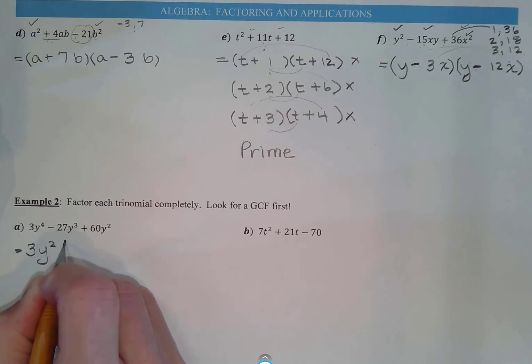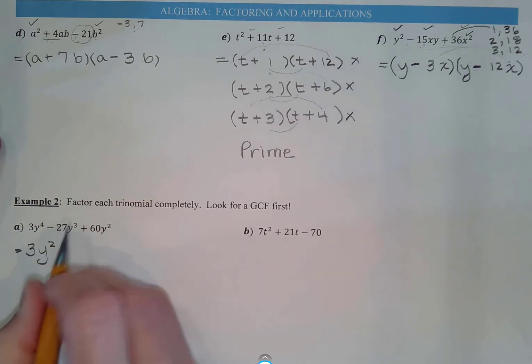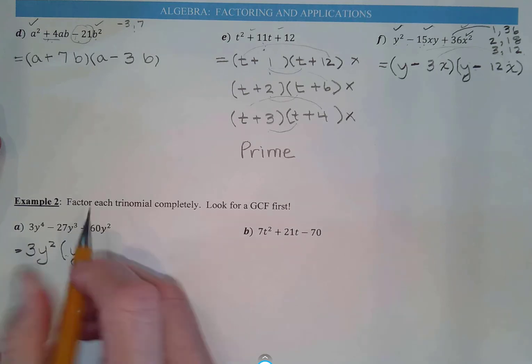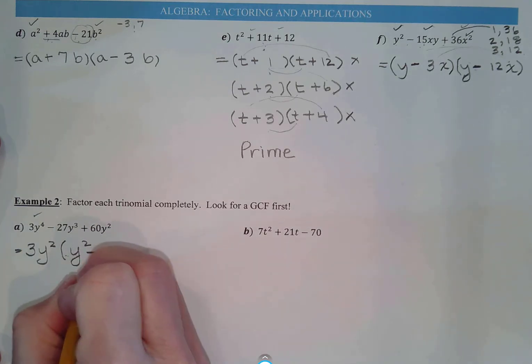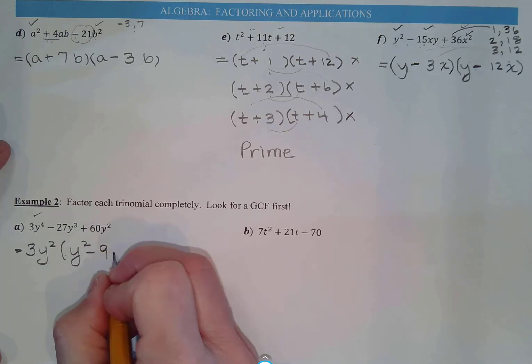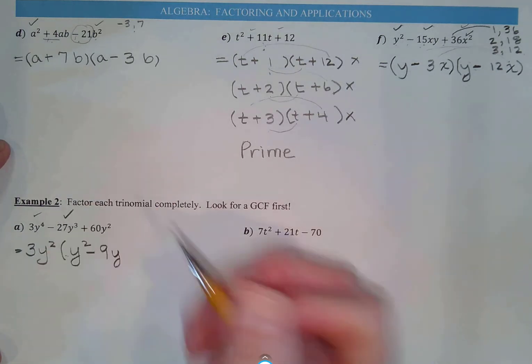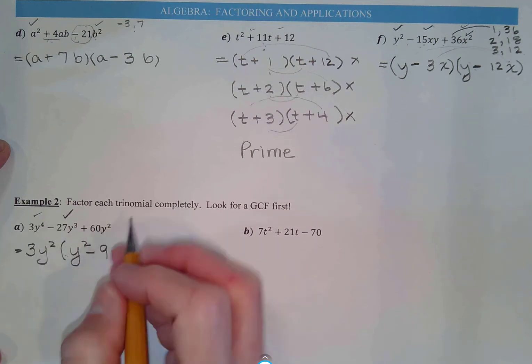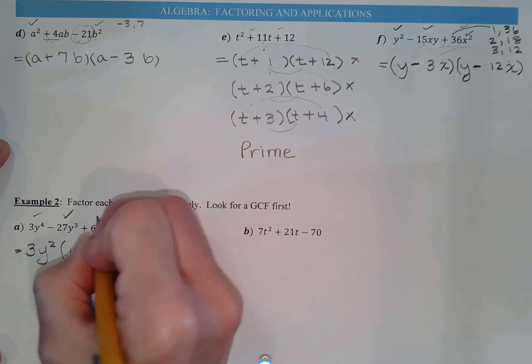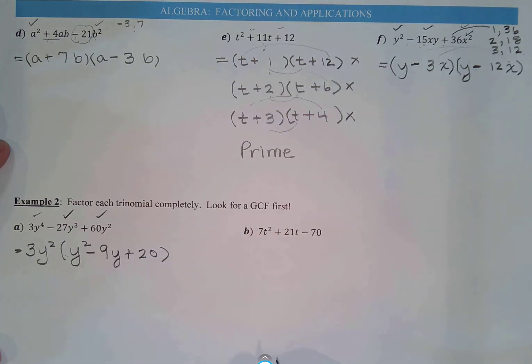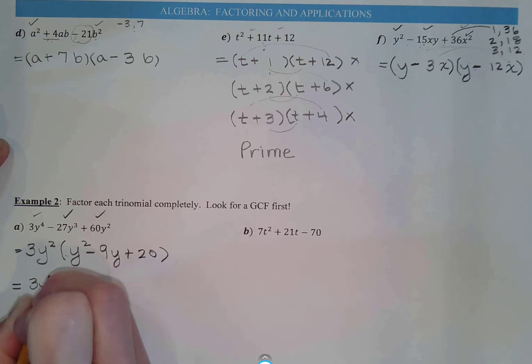3y squared times y squared gives 3y to the fourth. 3y squared times negative 9y gives negative 27y to the third, and 3y squared times 20 gives 60y squared. Now let's continue factoring. Now as you continue factoring, do not lose or let that greatest common factor disappear from the front.